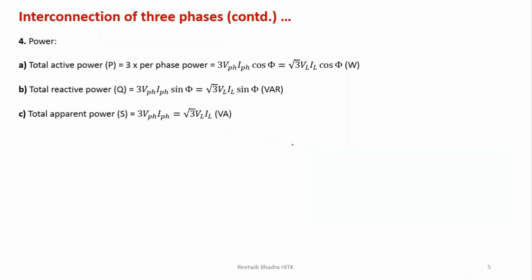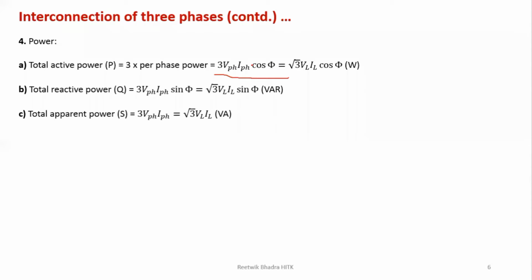And lastly, the power formula, all are the same. Previously, what will be the total power in a three-phase system? If you have a single phase power, you do VI cos phi. So 3 times of that will be your three-phase power that we had already discussed. So again, same thing, 3 VPH IPH cos phi. Remember this, because in single phase, this was VRMS, IRMS cos phi. But now over here, there is no RMS.